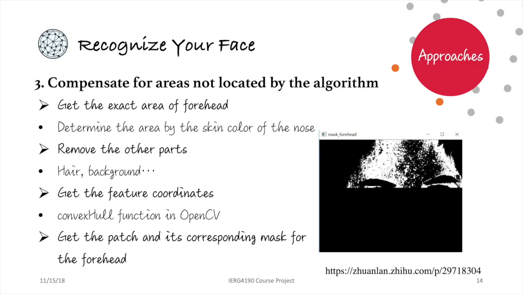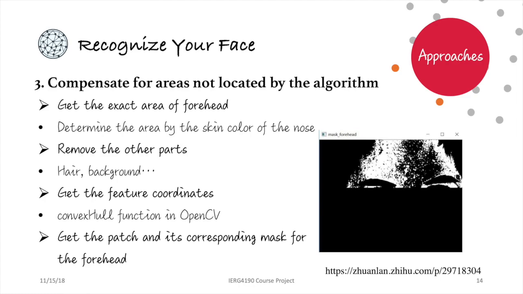After getting the rough area, we should now get the exact area of the forehead by the skin color of the nose. Then we should remove the other parts such as hair and background. After finishing these, we can get the feature coordinates for the forehead, just like what we got for other organs.